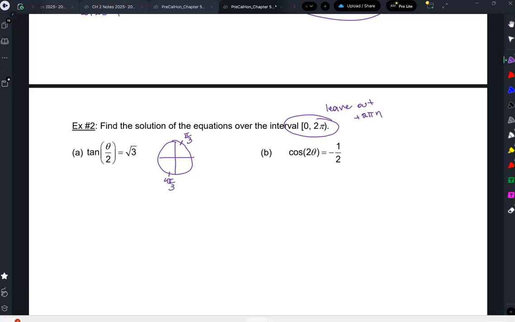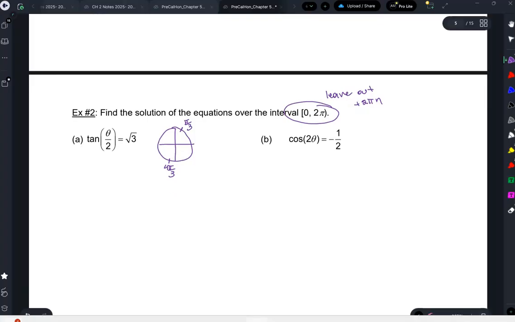Right? So is it always 1 pi apart? Yes, those are 1 pi apart, but it's not always going to be like that, so you just have to take it as it comes. However, hang on, we don't care about that for this one because it's only from 0 to 2 pi, so we only have to take one of them.